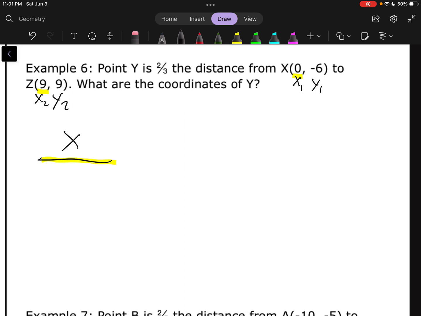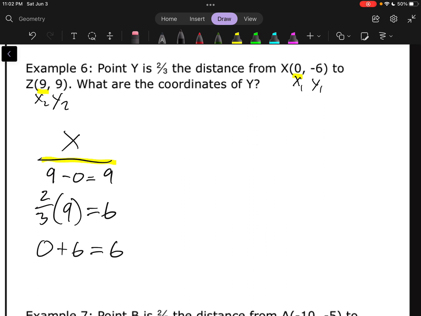What do we got here? x2 minus x1, 9 minus 0, which is 9. We don't want to go that whole way, though. We want to go 2/3 of that. 2/3 of 9 is 6. And we started at 0, so 0 plus 6 is 6. Now let's check out the y values.